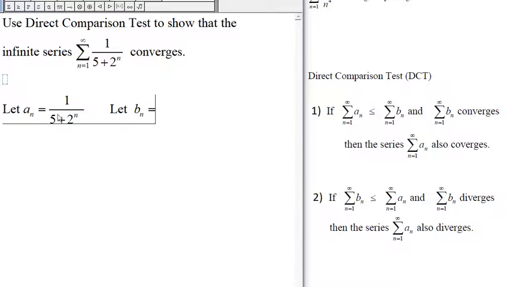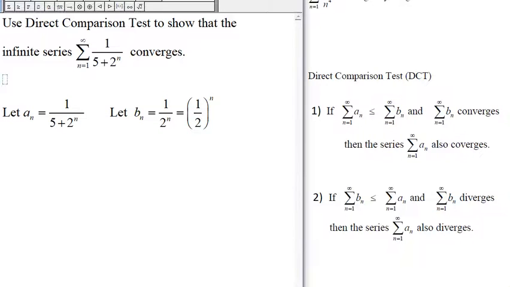So we'll let B sub n be 1 divided by 2 to the n, which is dropping the constant 5. And this is the same as 1 divided by 2 to the n. And now let's compare.